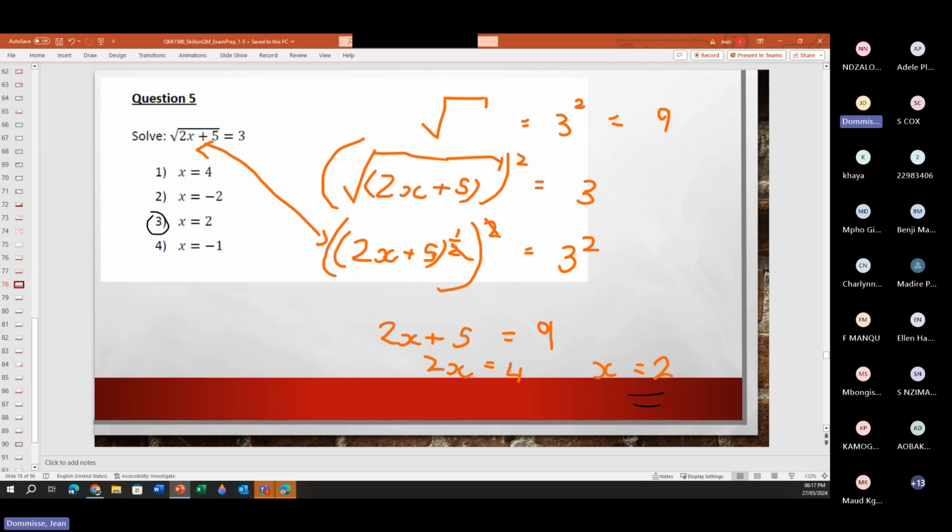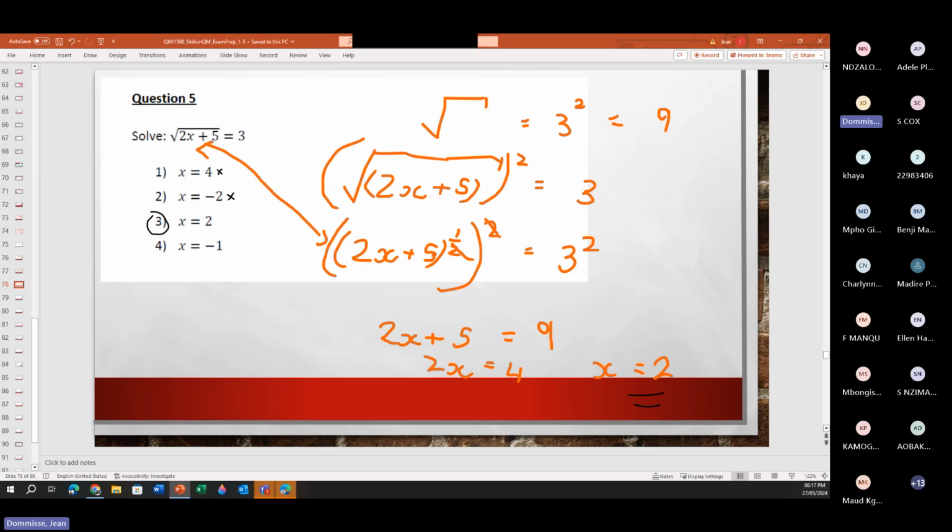In this instance, because they give you an x, it's not against the rules, you can just say, well, let's put the 4 in. 2 times 4 is 8, 8 plus 5 is 13. The square root of 13, not 3. Okay, cool, not that one. Let's put minus 2 in. Minus 2 times 2 is minus 4. Minus 4 plus 5 is 1. The root of 1, ugh, not 3.